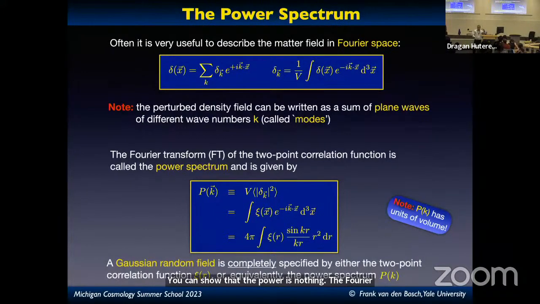So whether you want to work with the power spectrum or the two-point correlation function, it's identical. It just depends on what you prefer, whether you like to think of Fourier space or normal space. But that's it. So when I say a Gaussian random field is completely specified by the two-point correlation function, it's equivalent to say it's completely specified by the power spectrum.